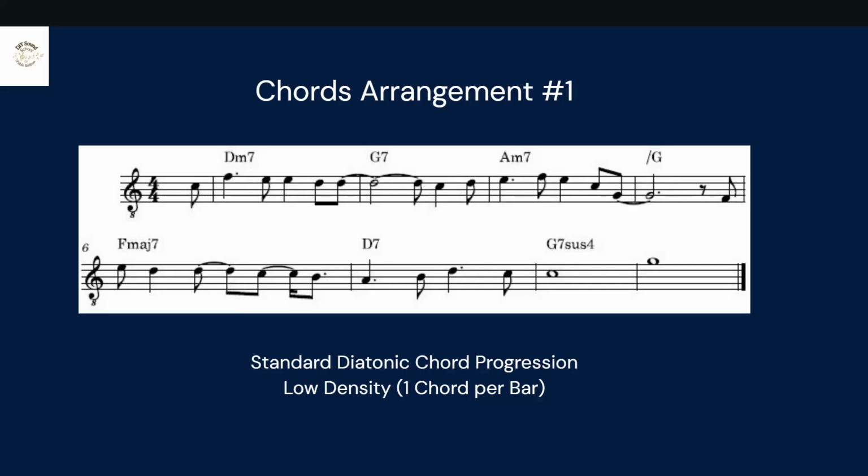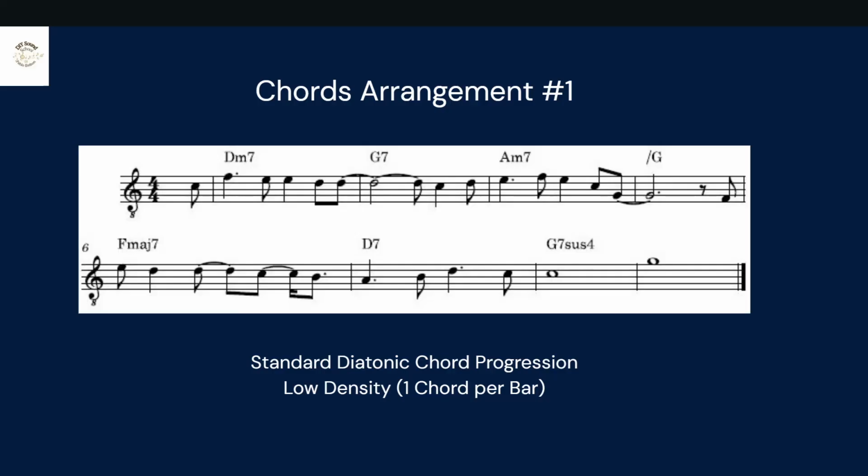So what would happen to this melody if I changed the harmony? The harmony could be anything. I can go into chromatic harmony and modulate to a different key, and so forth.